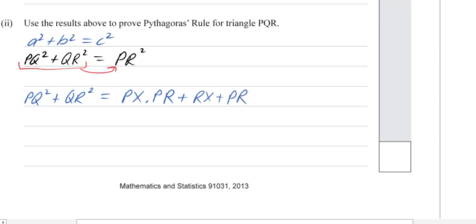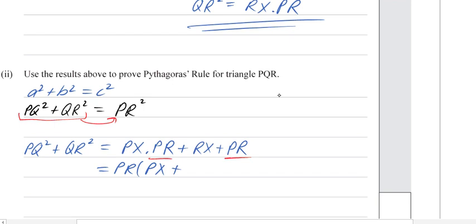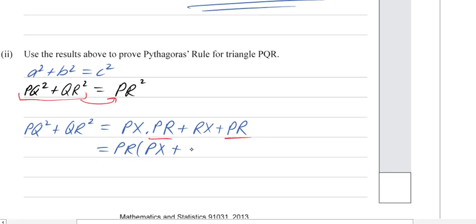Okay, so we've got two similar terms here, so we'll factorise those out. So I'll write PR and then PX plus RX.